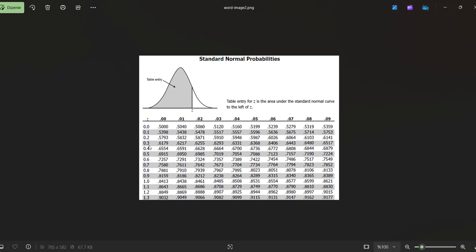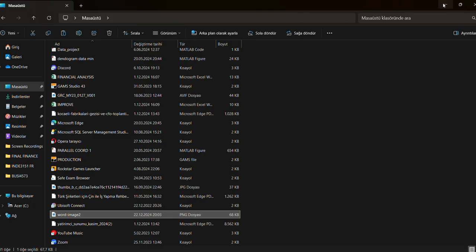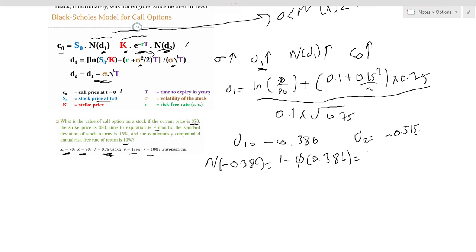Minus 0.36, what is it? 0.64, and it will be 0.35.